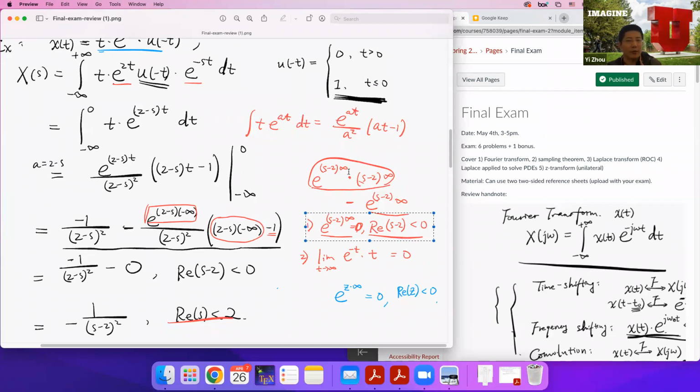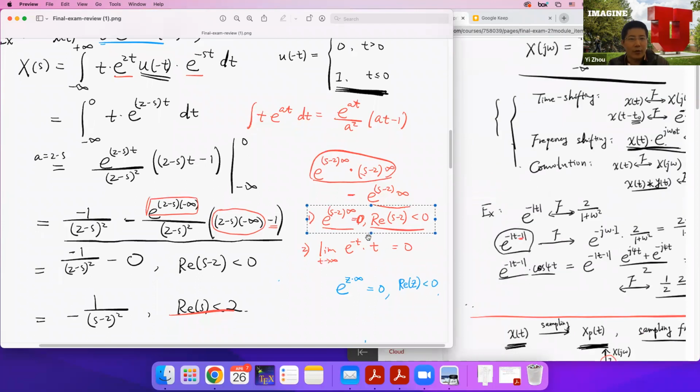But for the first term, it's a little bit different. It takes the form of e to the power of a complex number times infinity, and then we further multiply this factor by the same complex number times infinity.